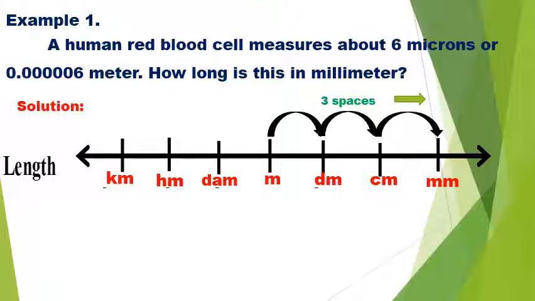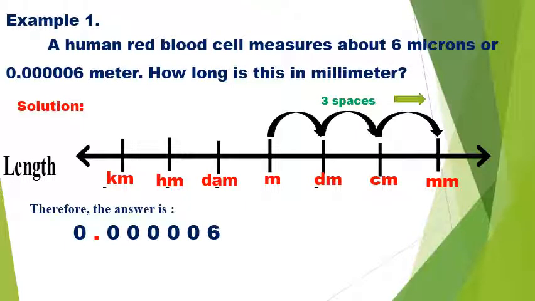So using that to our given measurement, which is 6 millionths meter. So again, there are 3 spaces going to the right. We need to move our decimal point also by 3 places going to the right.